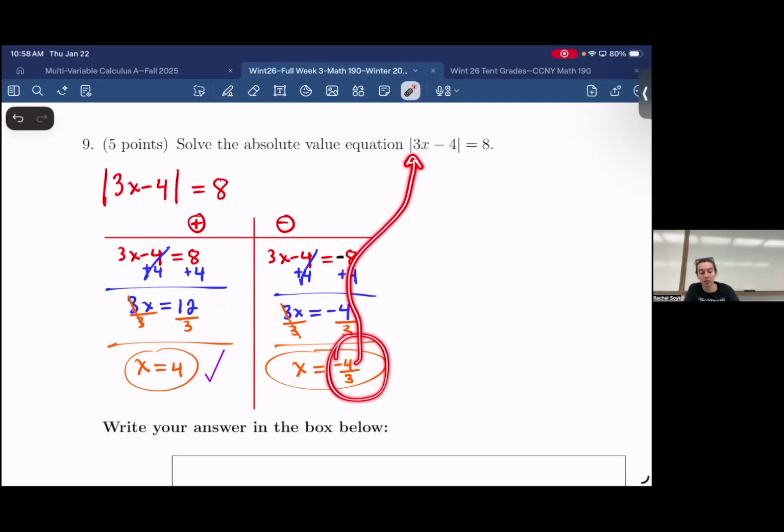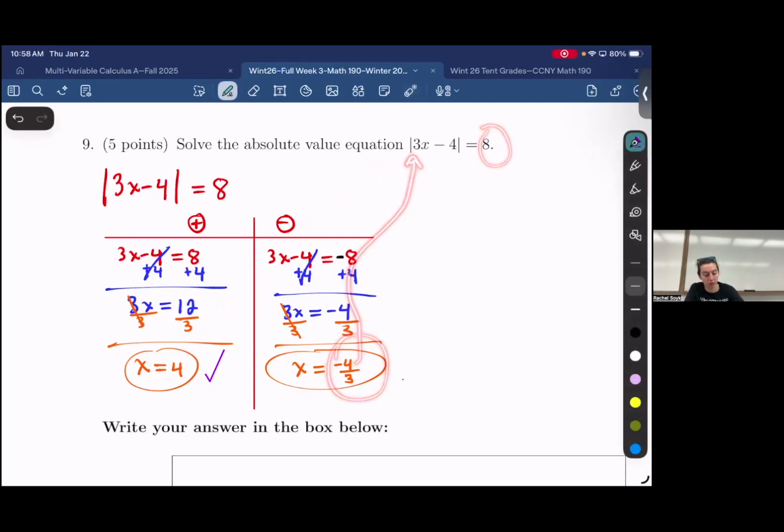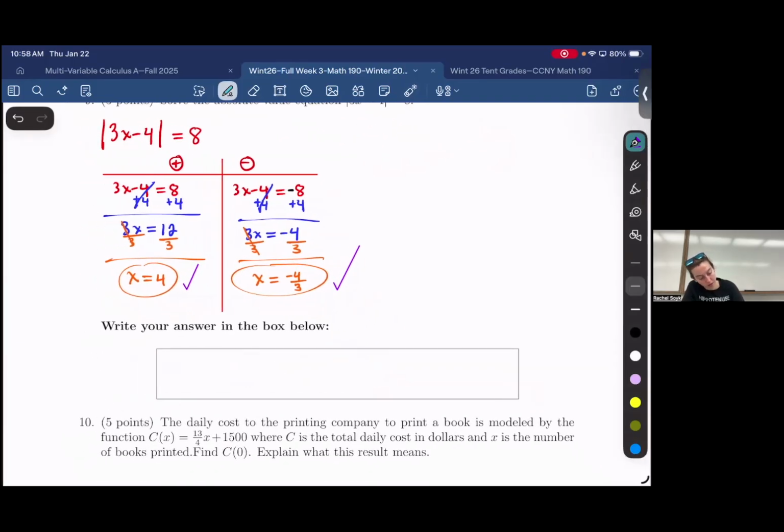Absolute value of -8 is also 8. So both of these solutions work, which means your final answers are x is equal to -4/3 and +4. And we're done.